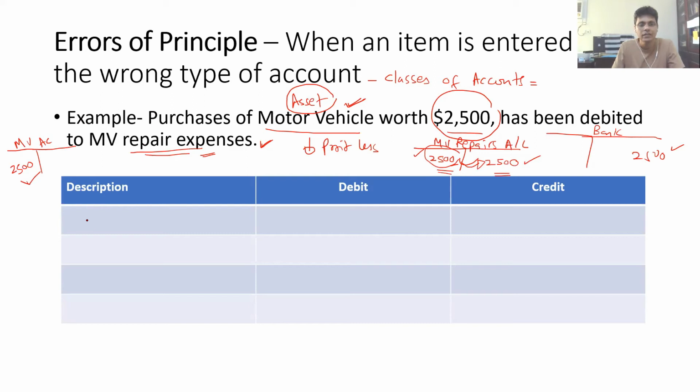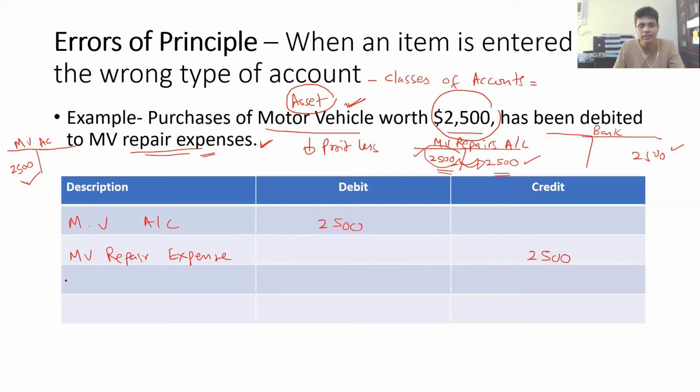So what is the double entry? The correction entry should be motor vehicle account. Motor vehicle account should be debited 2,500 and motor vehicle repair expense account should be credited 2,500.